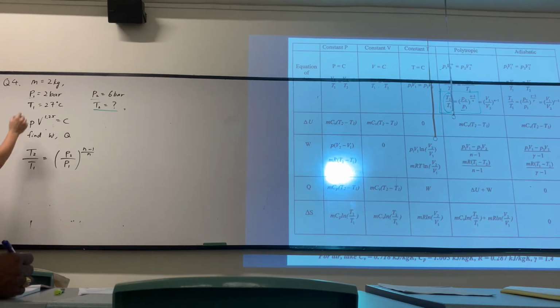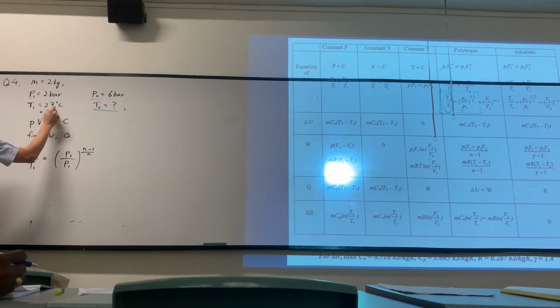So my T1 convert to Kelvin, plus 273, is 300 Kelvin.